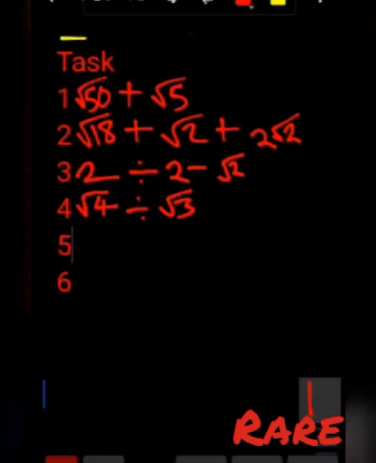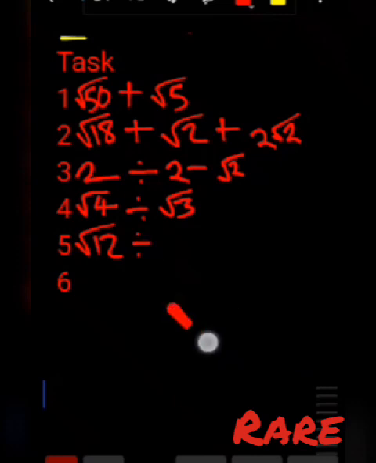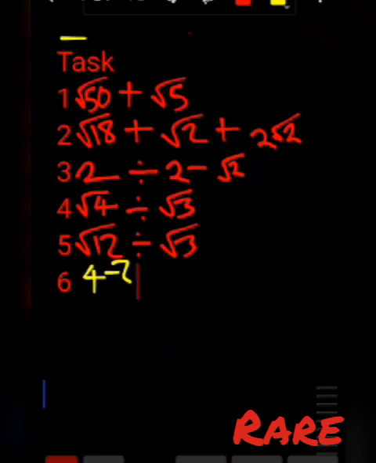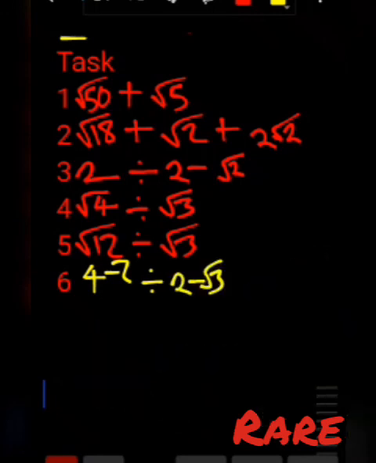Number 5, I want you to divide the root of 12 divided by the root of 3. Then number 6, I want you to divide this, 4 minus 2 divided by 2 root 3, like this.